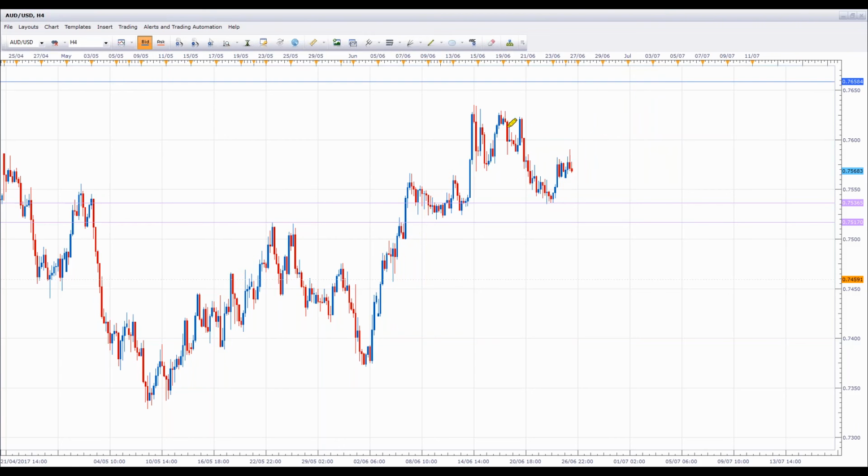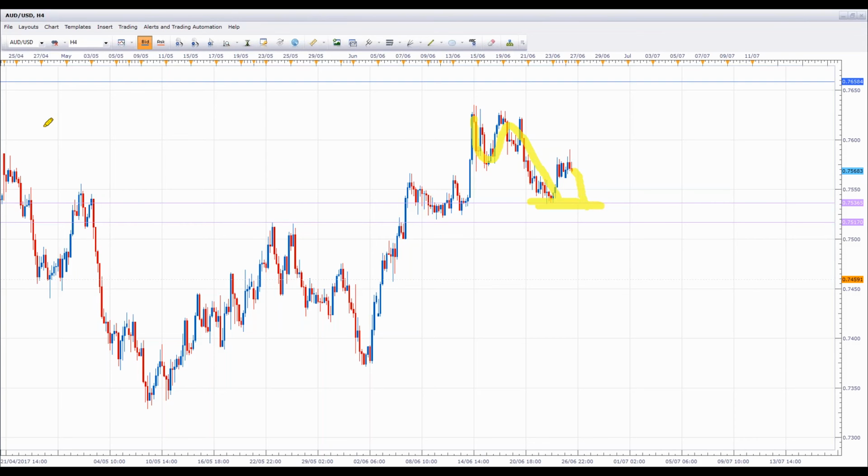Now, what we have first is, though, we do have what looks like an A, B, and a C, and it does look like we could have on this A, B, and a C a 1, 2, 3, 4, 5. So what we're looking for this week on the Aussie US dollar, yes, we are looking for an overall move to the upside, but we are seeing that this could come down and retest the 0.7536 area down here first, completing the C wave.